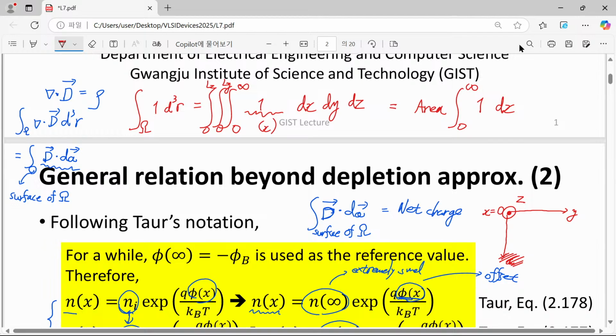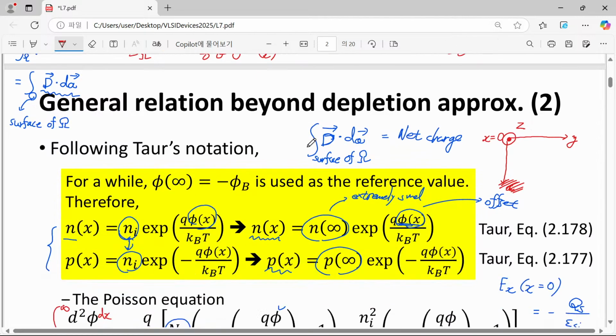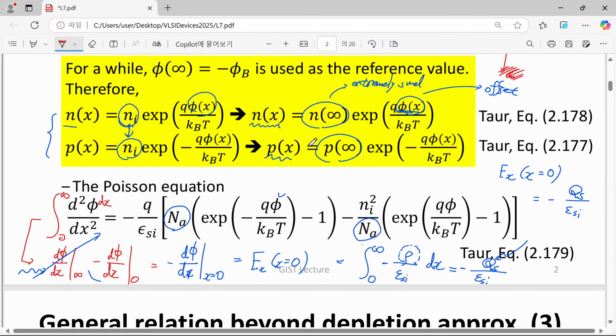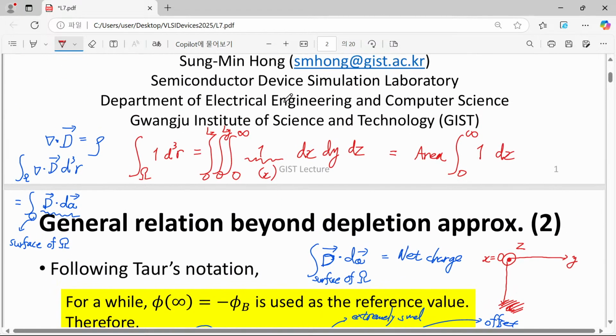So I have told you some points. One is, although I just showed you the integration of the Poisson equation in our 1D system, and it was not that difficult, we can also discuss it in a more generalized way using vector notation. But still, it is quite easy. Now we have to consider the volume integration over omega.